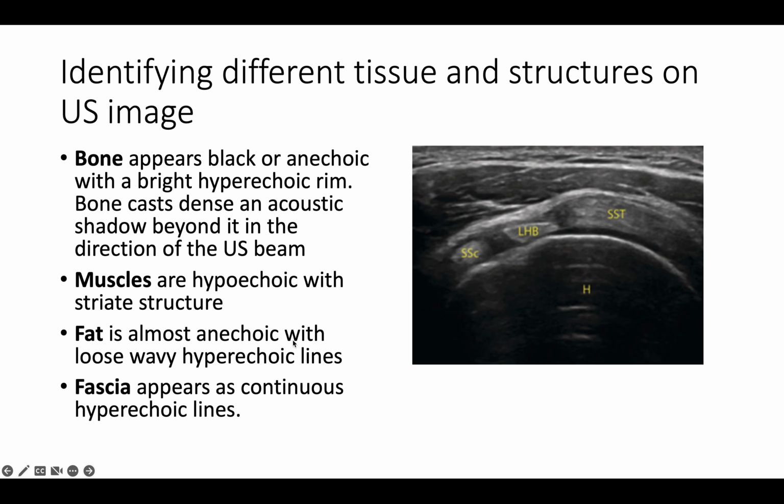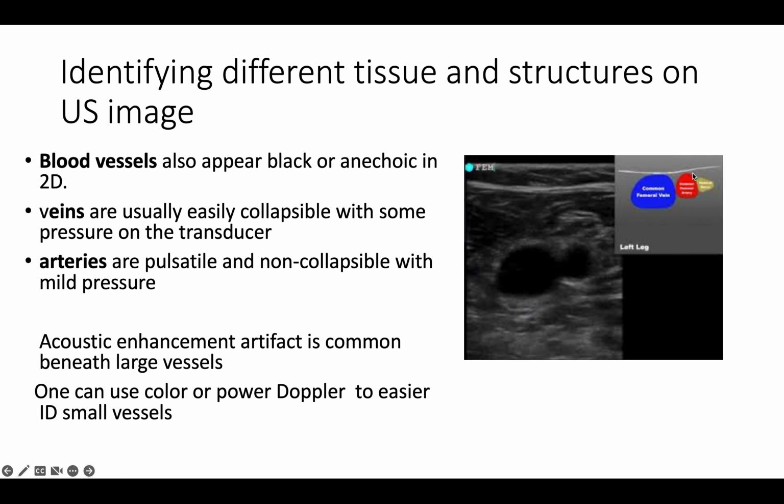Fat has this loose areolar kind of tissue, and frequently it's hypoechoic. It's not really hypoechoic, but frequently it's nice and dark fat. And fascia is usually nice and bright and hyperechoic because it creates those mismatched impedance interfaces.